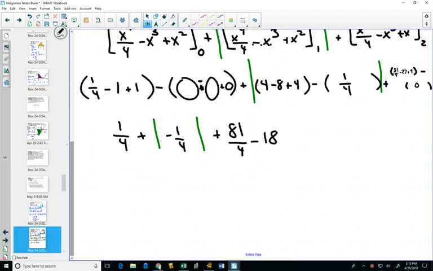So the absolute value is going to make that a positive 1/4. Let's make it 1/2. Okay. So now, what kind of mental math strategy would you do in this situation?